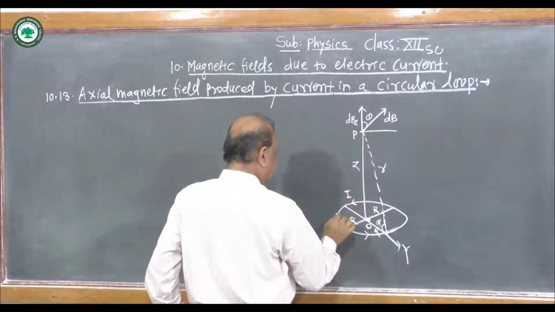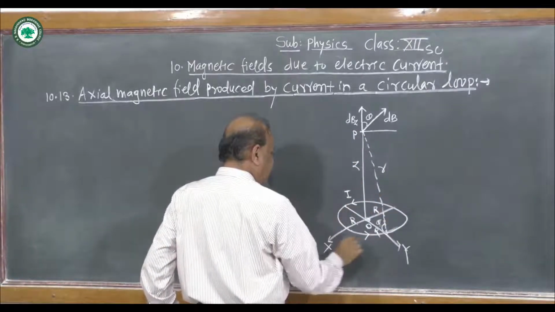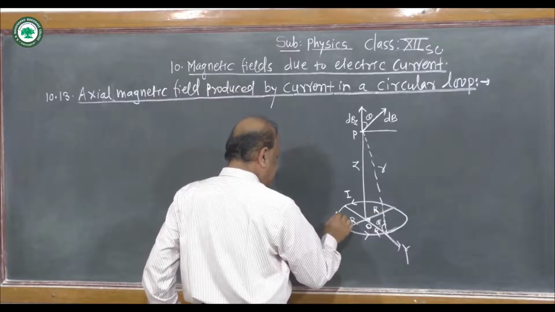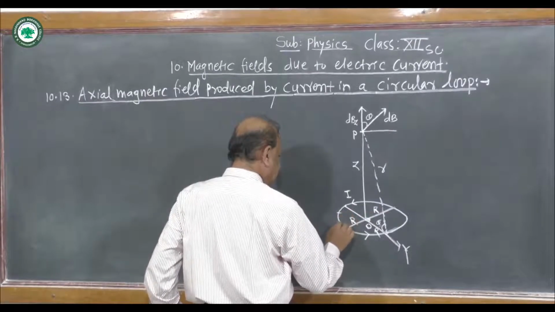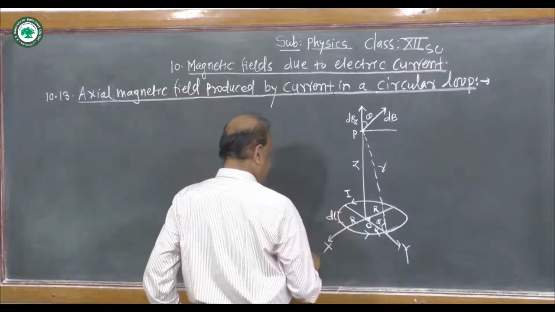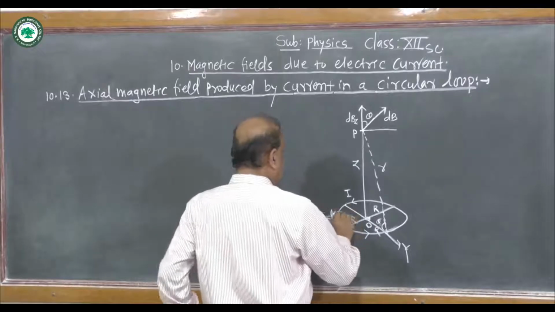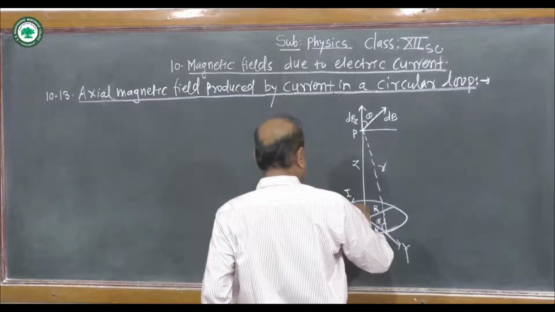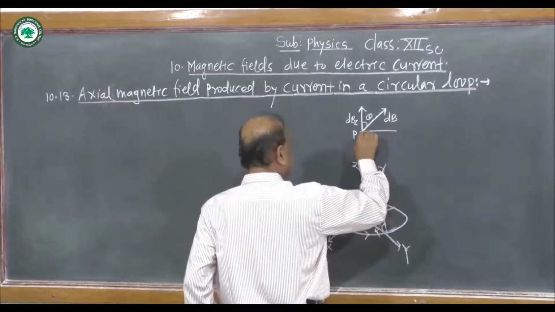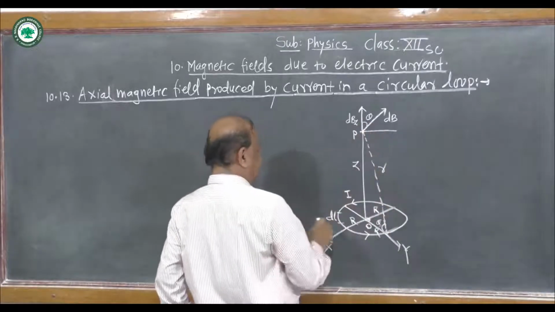Now this circular loop is made up of small elements of length dl, like this one, and this element is at distance r.